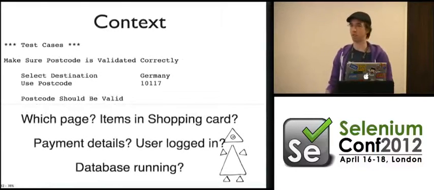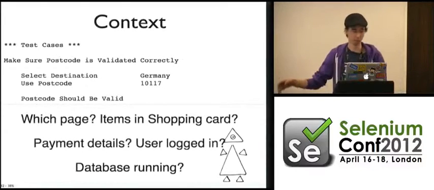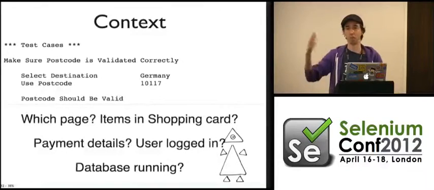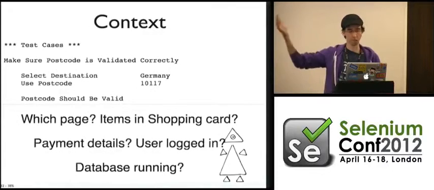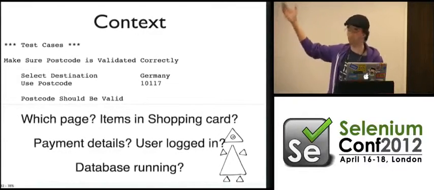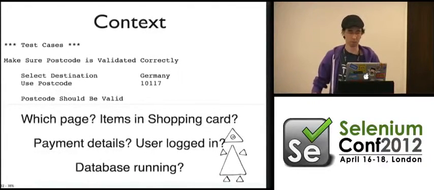So here's another, even more focused example. Maybe I have a web shop that sells something, and I want to make sure that the postcodes are validated correctly. Given I select the destination Germany, then the postcode 10117 should be valid.